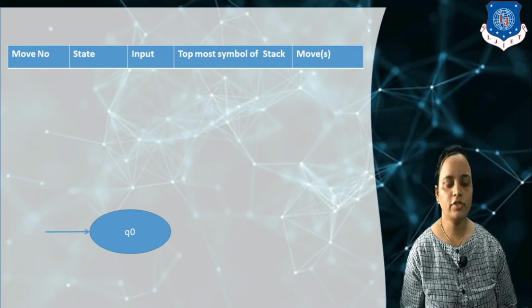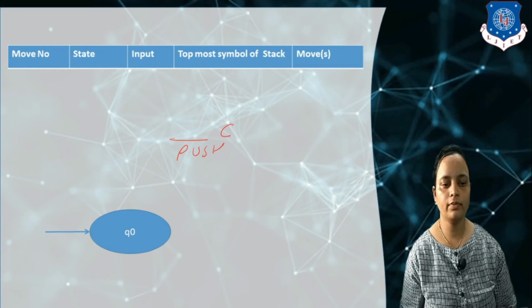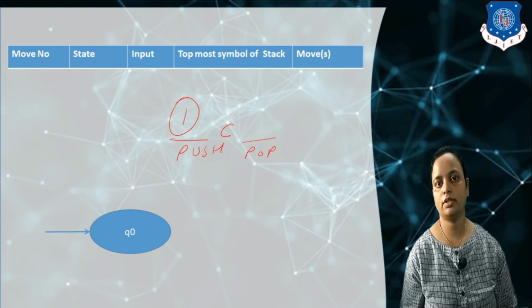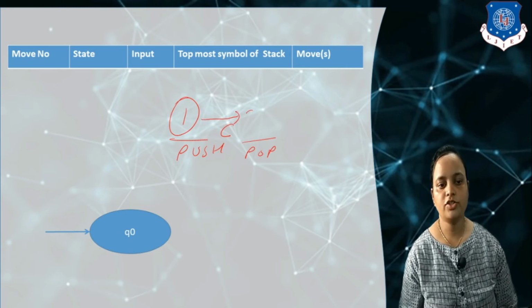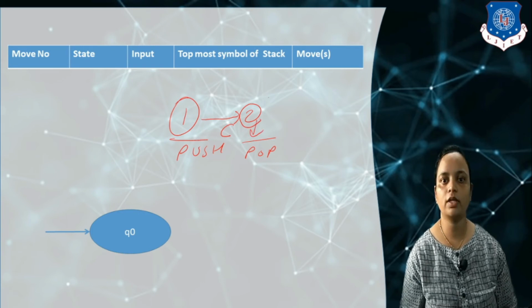If you see, I have mentioned for C that a push operation is performed and the next is a pop operation. So for the push we have used one state, and for C we change the state and move to the second state, and this second state performs a pop operation.